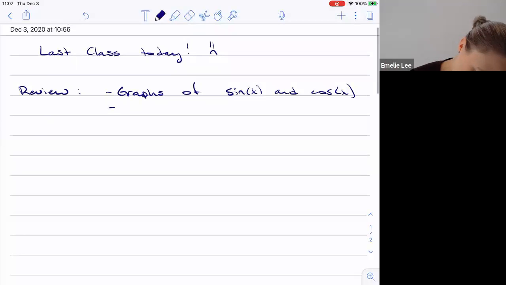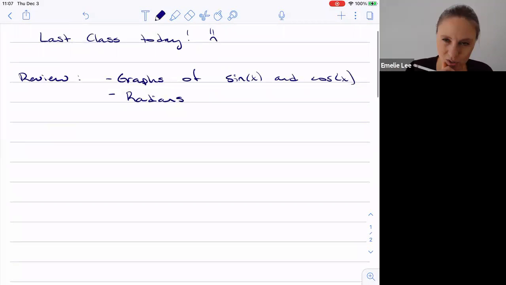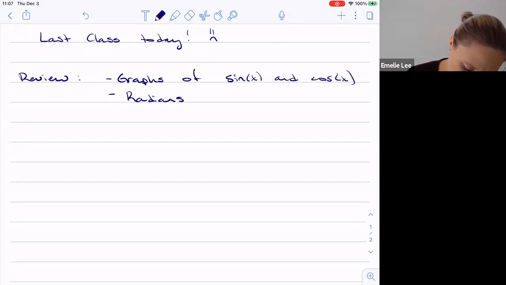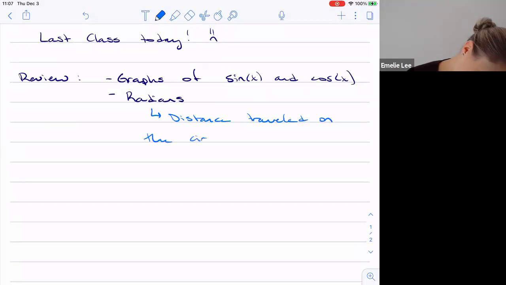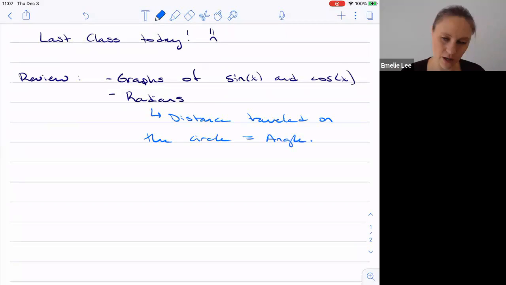We talked about radians, right? Radians are just the distance that you've traveled on the circle, which is also an angle. Distance traveled on the circle, which is the angle. So we've already talked about the angles, we just haven't called them the angles, but now we're calling them angles.